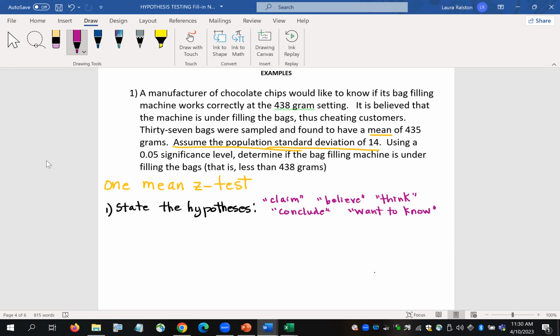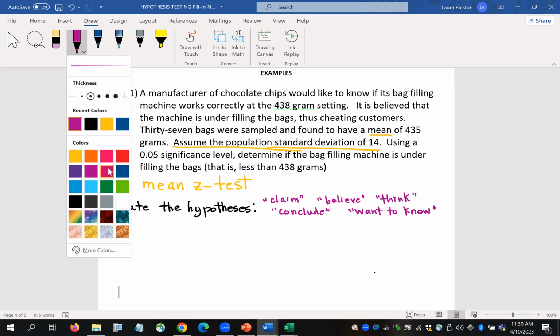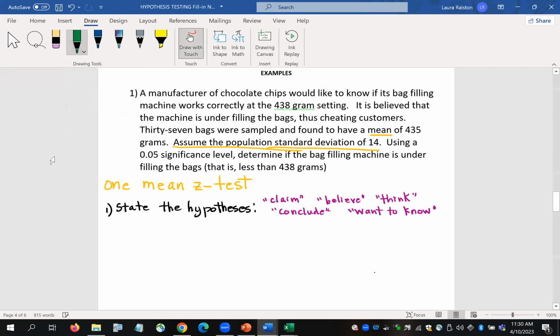One of the things I try to do to help students, when I'm writing these scenarios, is put my hypothesis near the end of the problem, kind of in question form. If you look at the last sentence, it says using a 0.05 significance level, determine if the bag filling machine is underfilling the bags.